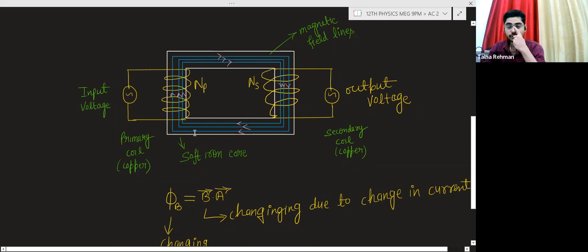Basically this soft iron core has a property to attract the magnetic field lines. So due to this soft iron core, the magnetic field lines will follow a path like this. Magnetic field lines are generated in the primary coil. From this primary coil, the magnetic field lines will go like this, and finally the magnetic field lines will be across the secondary coil.